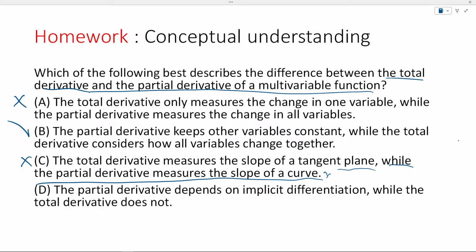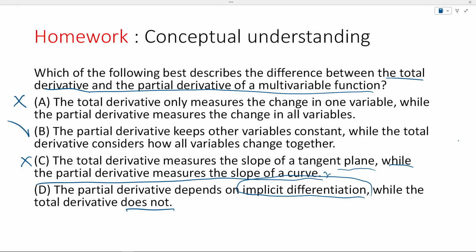Partial derivative depends on implicit differentiation, while total derivative does not. That's a good one. I like this one. Total derivative does not inherently depend on implicit differentiation, nor does partial derivative, because implicit differentiation is just a solution method.